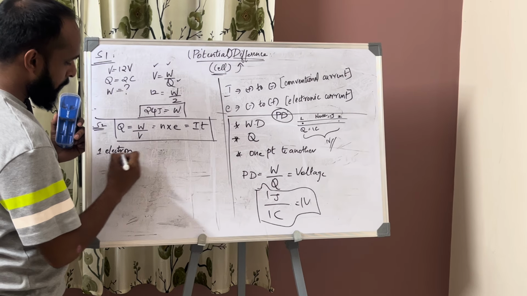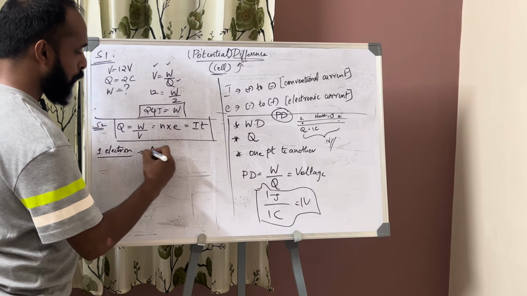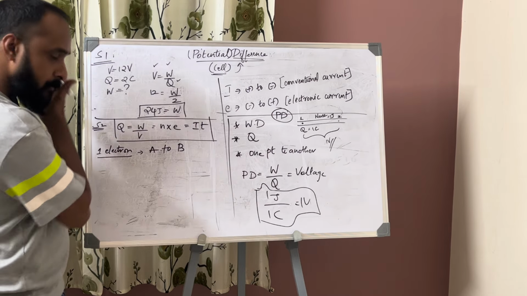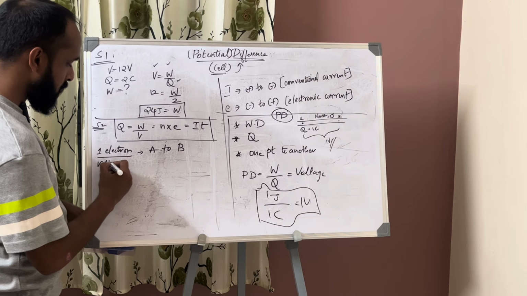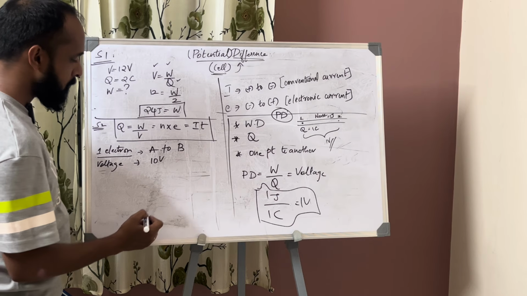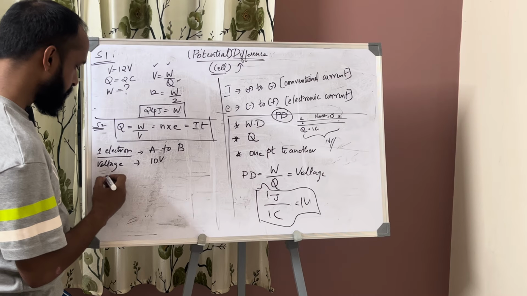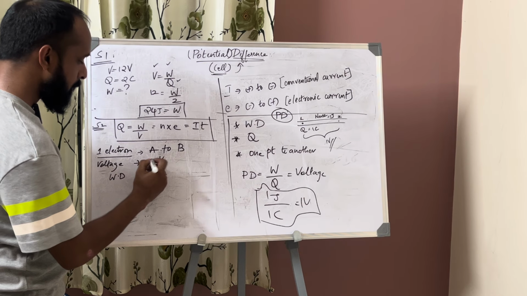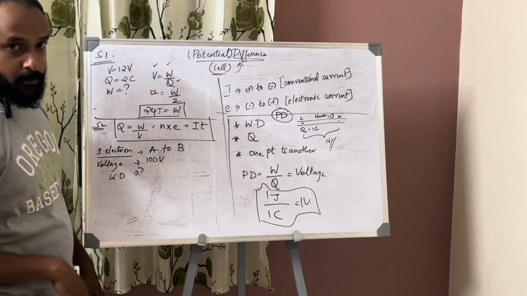one electron. How many electron? One electron went from point A to point B, and the voltage between those 2 points was 100 volts, and they asked us to find what was the work done.